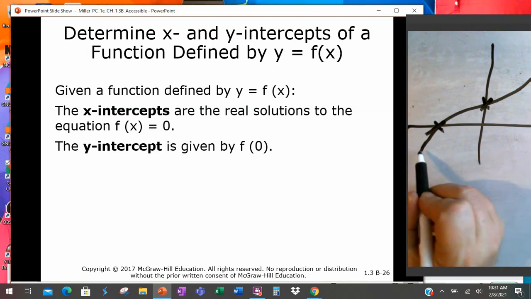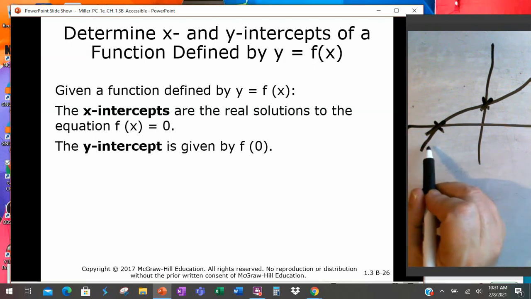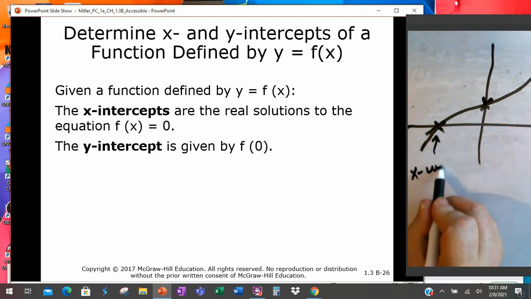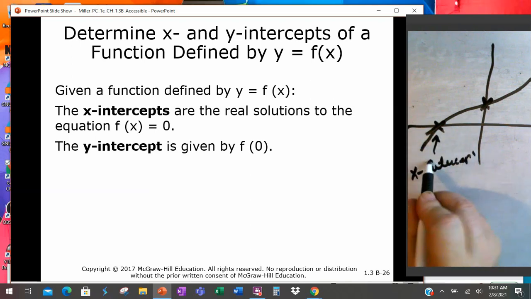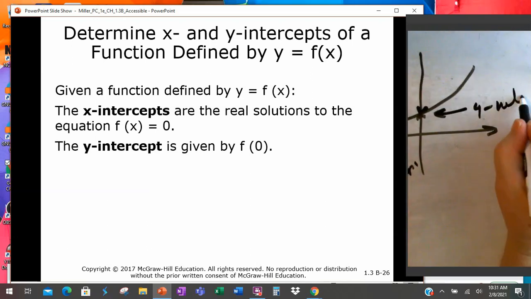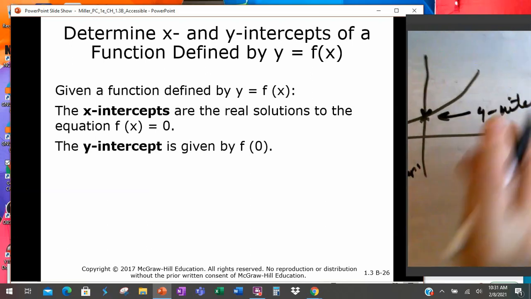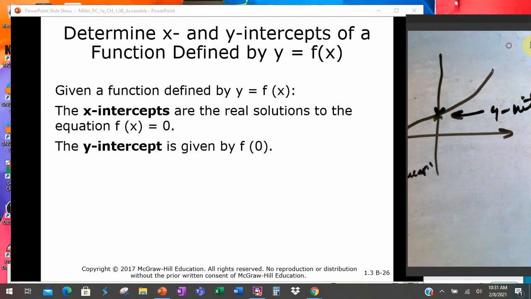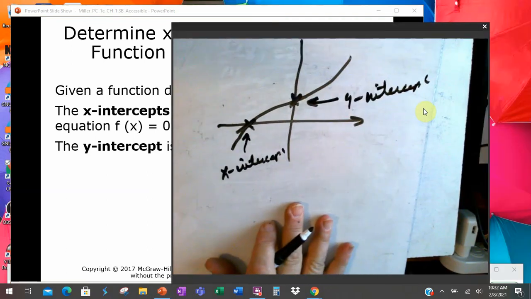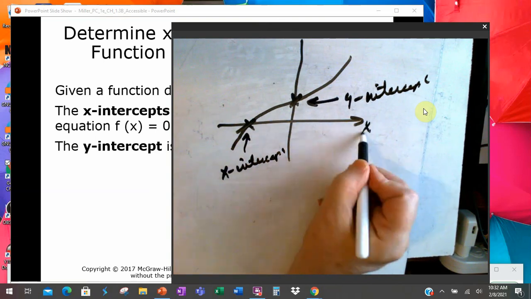Here, not so much. We do the calculator version or interpolation, but here, this is the x-intercept. This is the y-intercept. So we have the x-intercept and the y-intercept.